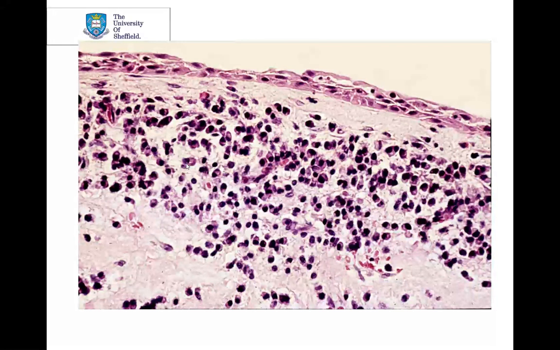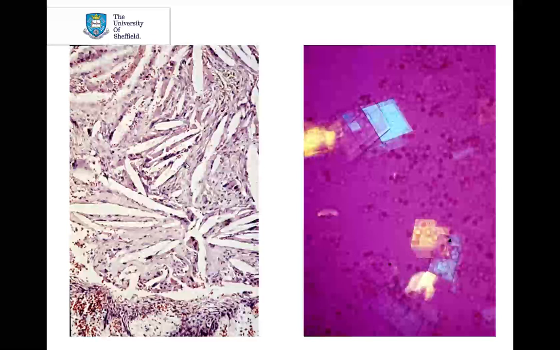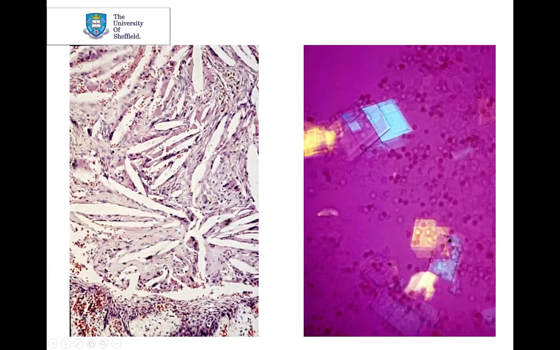Another thing which is very common in radicular cysts is this phenomenon which is known as cholesterol clefts. When cysts form, there's a lot of cell breakdown, which means there's a lot of cell membranes to get rid of, and the cell membranes are full of cholesterol. And that cholesterol crystallizes out in the tissues. And so when we process a radicular cyst specimen, the cholesterol dissolves out.